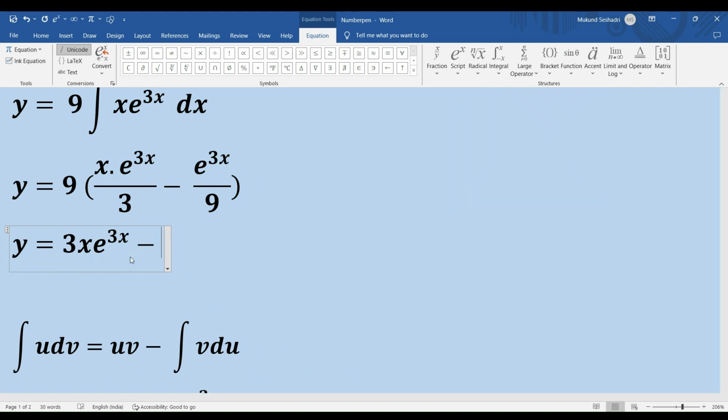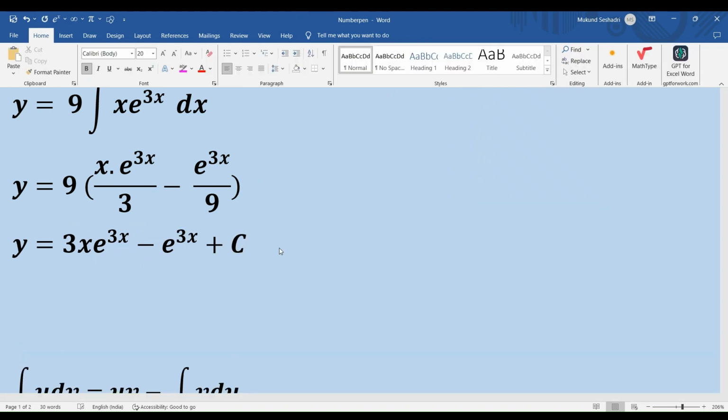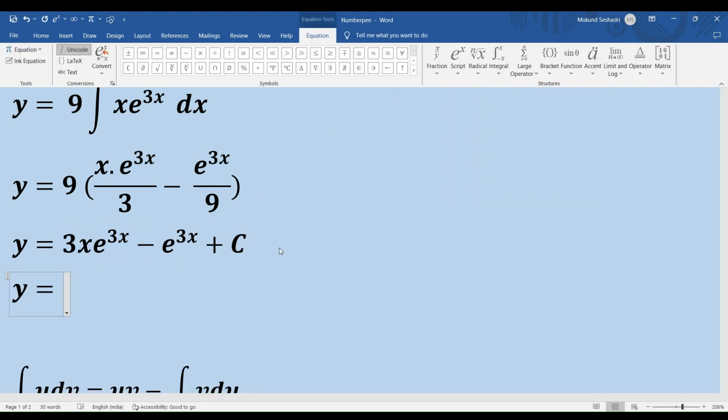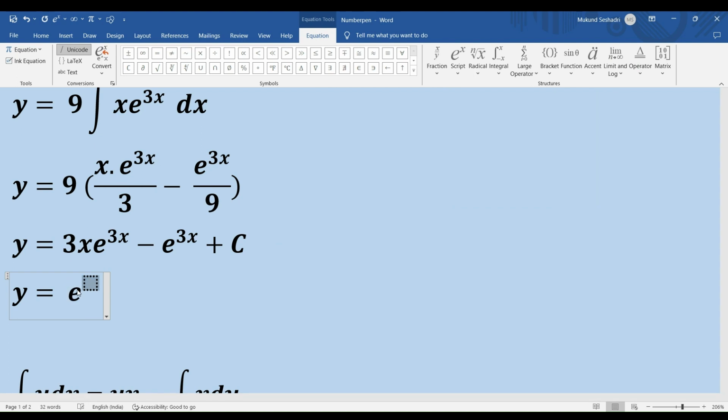Minus, I can cancel out the 9, so I'm left with e to the power 3x. I think I can do one more level of simplification. I can pull out the e to the power 3x, and I can take this as e to the power 3x times (3x minus 1) plus a constant c, right?